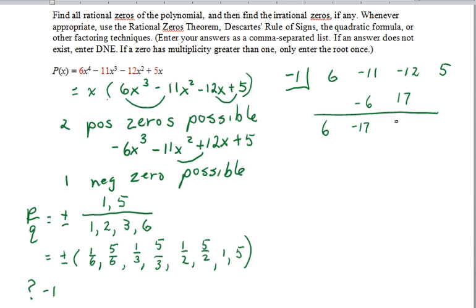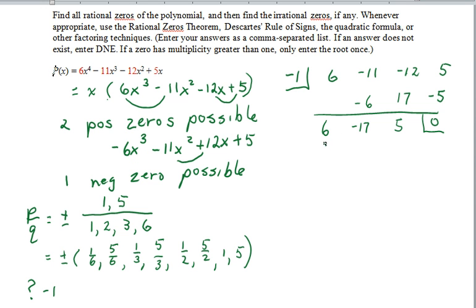Add -12 is 5. Times -1 is -5. The remainder is 0. And -1 is a rational zero. We now have a quotient which represents a quadratic polynomial.